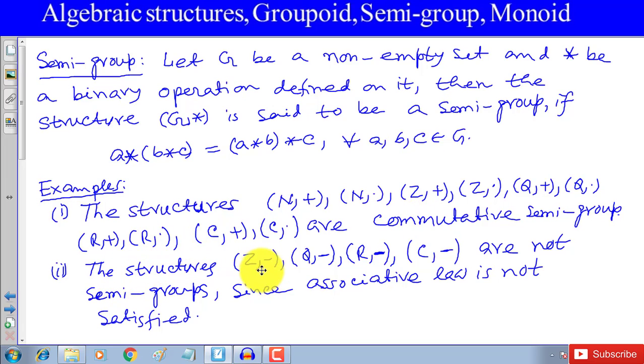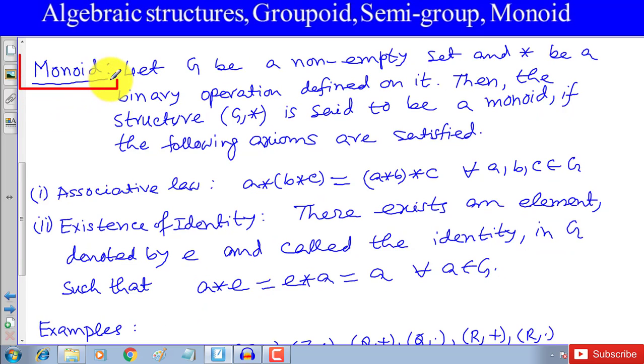The structures (Z, minus), (Q, minus), (R, minus), (C, minus) are not semigroups, since associativity is not satisfied by these structures.